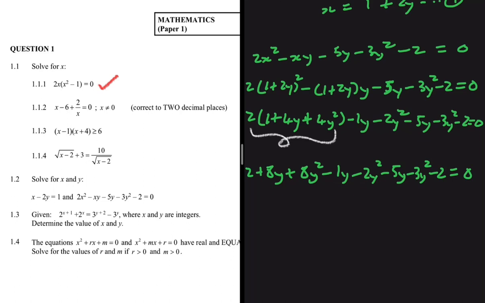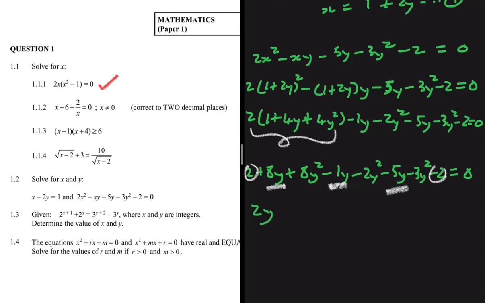Let's start with the constants. We have 2 minus 2, that is 0, so that falls away. And then we have 8y minus 1y minus 5y, that will be 2y.